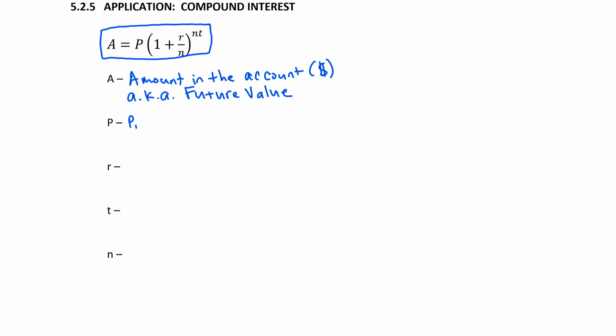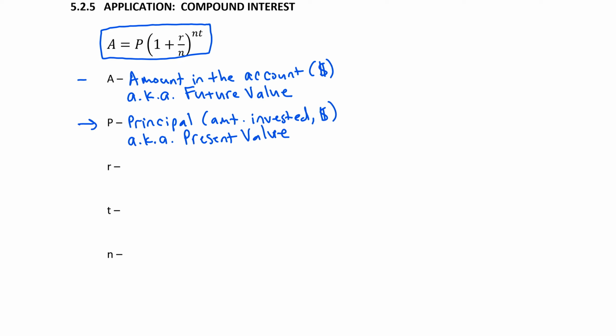P represents principal or amount invested or deposited. This is also in dollars, and this is also known as the present value. So sometimes you may say, I have a certain amount of money that I want to invest now. What's it going to grow to with a certain compound interest savings account in the future?